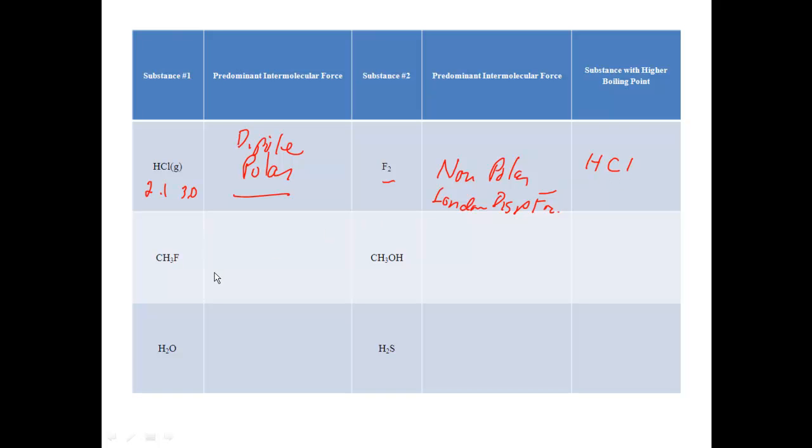All right, carbon, hydrogen, fluorine, interesting. So if you think about this for a second, you're going to have to do carbon to fluorine to hydrogen to hydrogen to hydrogen. You should look at that and be able to say, yeah, that's definitely polar, which it's going to be. This is going to be a dipole.